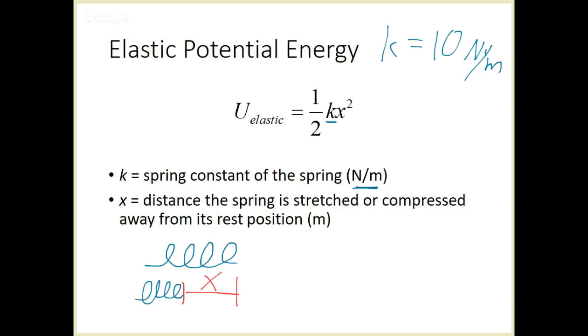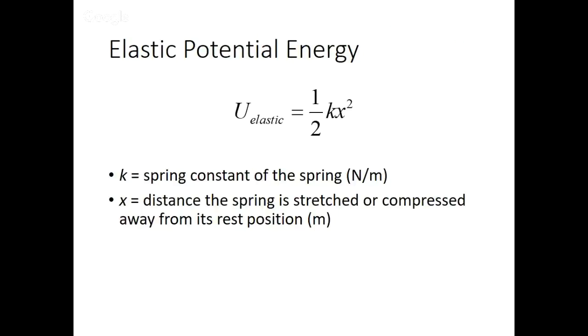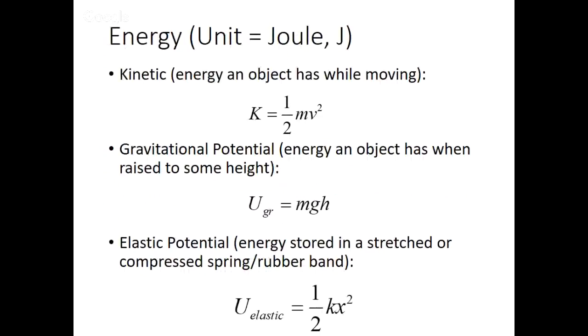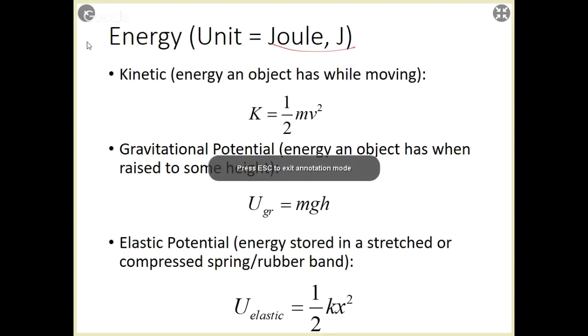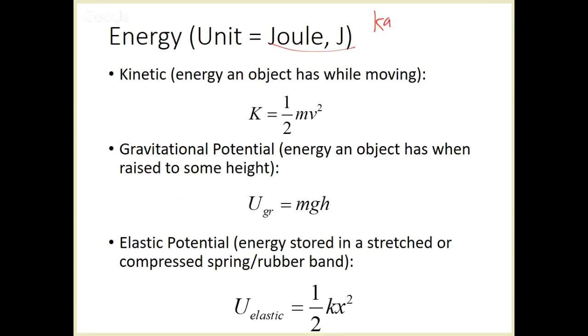And by the way, all three of these types of energies have units of joules. And a joule is just a kilogram meters squared per second squared. So in the event that I ask you a question about energy and you cannot remember what the units are, just look at the units of what you have coming in here.